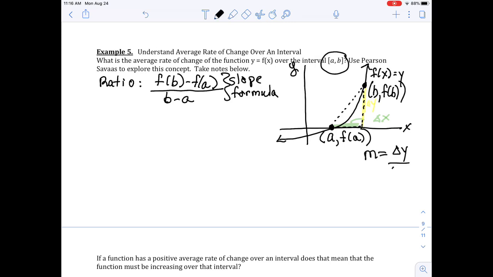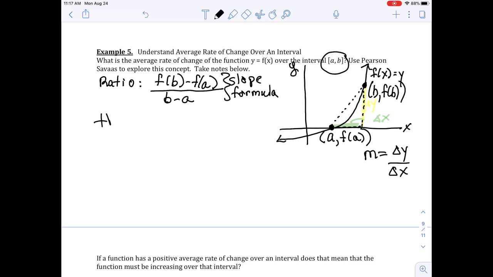And we know that slope is delta y over delta x. Change in y over change in x. Rise over run. And that's what's going on over here on this ratio. It's a change in y over a change in x. And that's what the average rate of change is. So it's going to be the change in the y, so delta y over delta x, which this is your y values. Remember, f of b minus f of a, those are the values of the y's over b minus a.